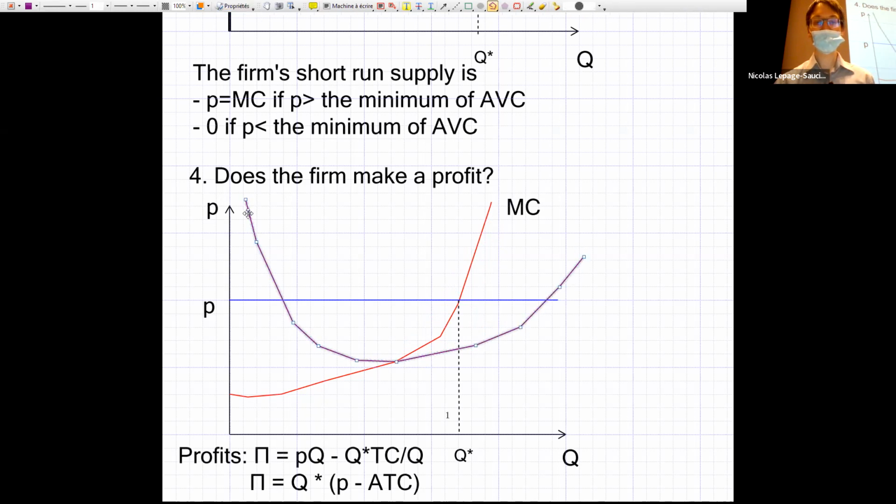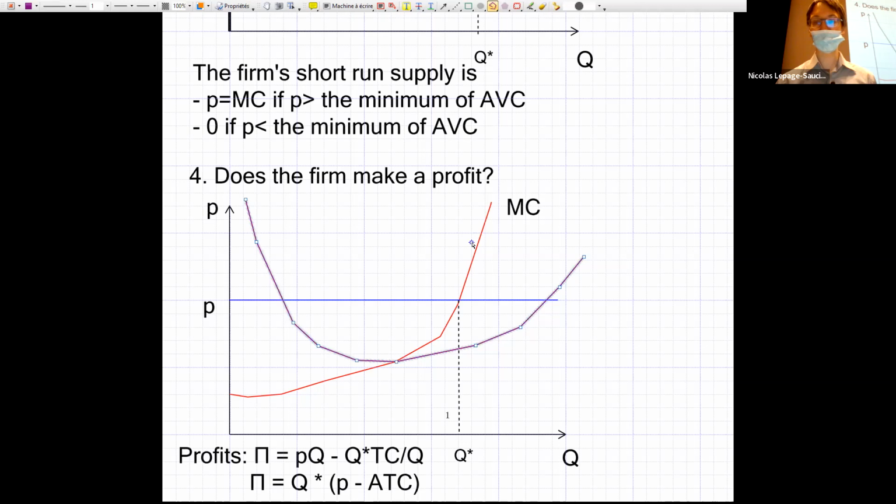So even though it's much better to produce much more if I have a big firm, if at some point my production becomes inefficient and my marginal cost increases too much, then it's not worth it to produce an infinite amount. I'm always stuck with price equal marginal cost.